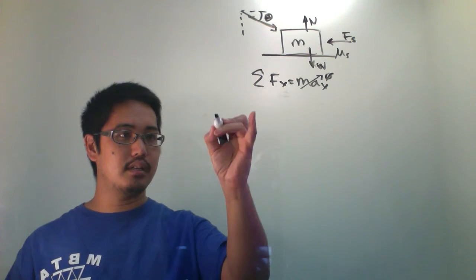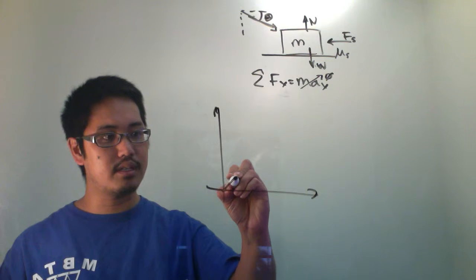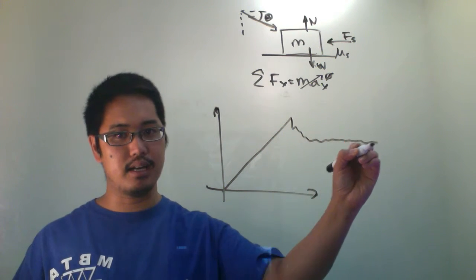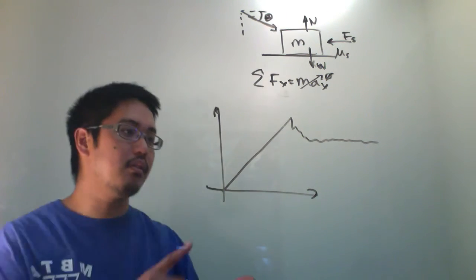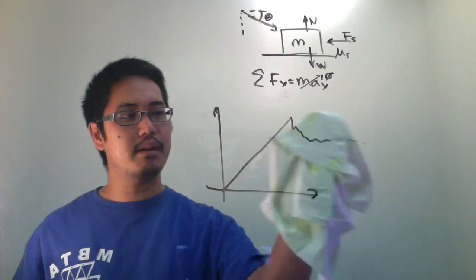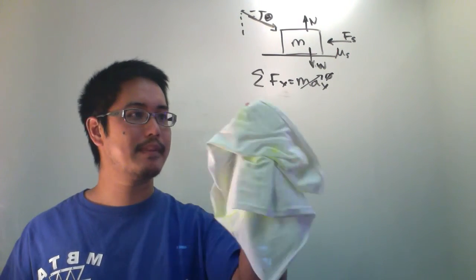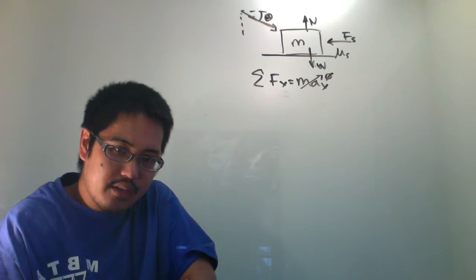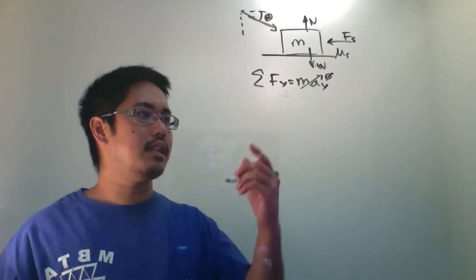If I were to map out the force, it would increase and increase and increase, and then it would break. You ever try moving a big desk across the floor? You're pushing on it, and then finally it goes pop, and then it starts going. So anyway, that's what we're trying to find.